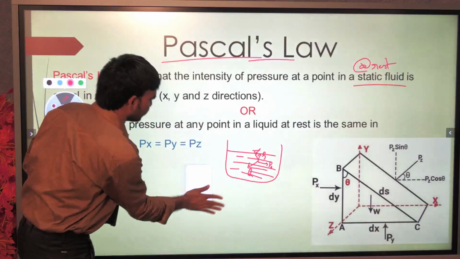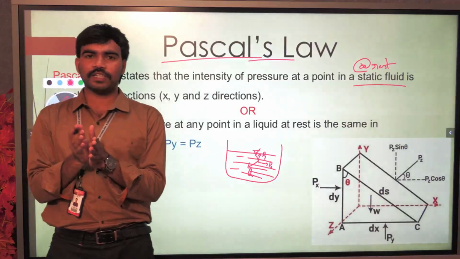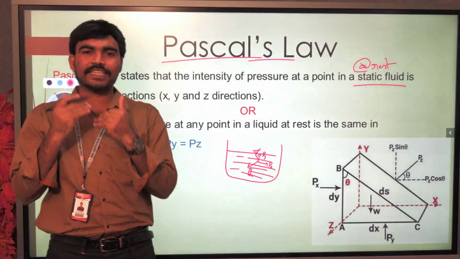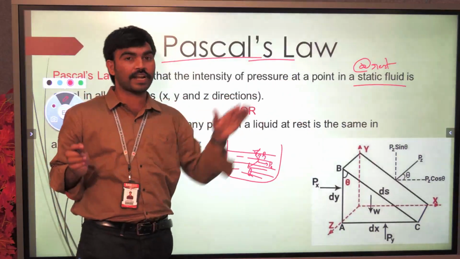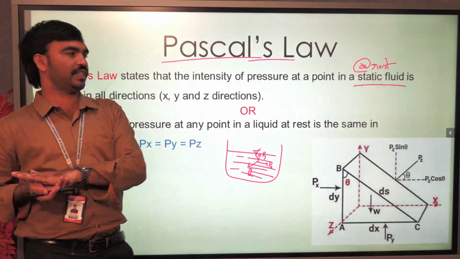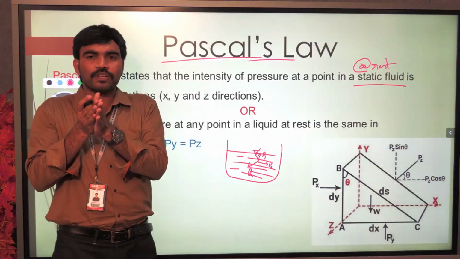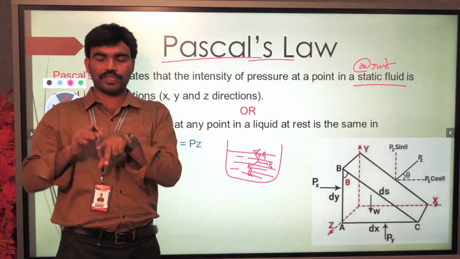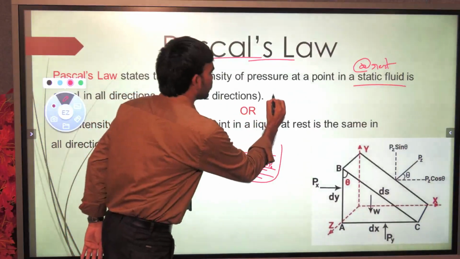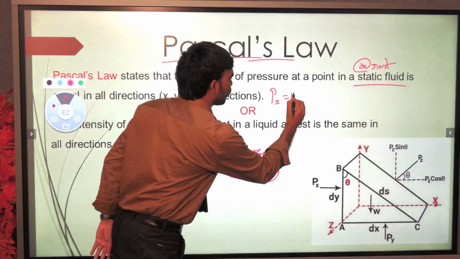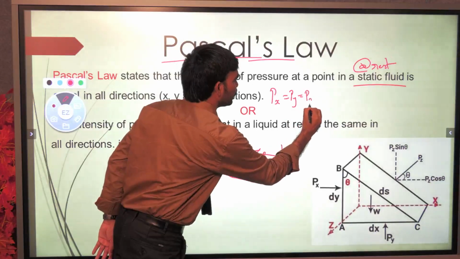That is what Pascal law is. Pascal law states that the pressure intensity when the fluid is at rest, a very important condition, a static fluid or fluid at equilibrium, is equal in any direction. With respect to direction, the pressure intensity is the same. In other words, Px equals Py equals Pz.